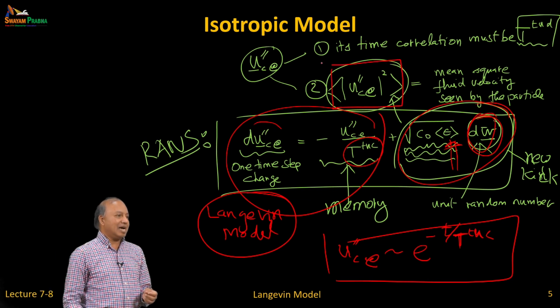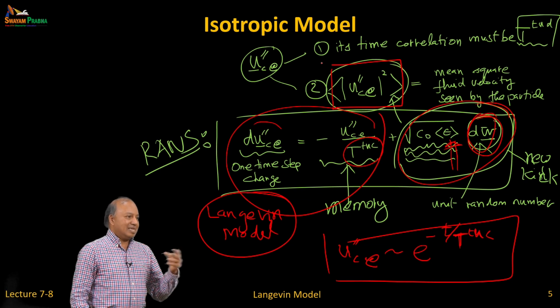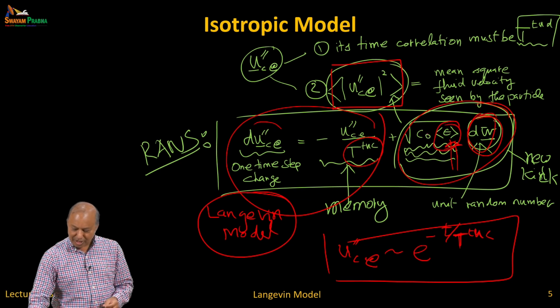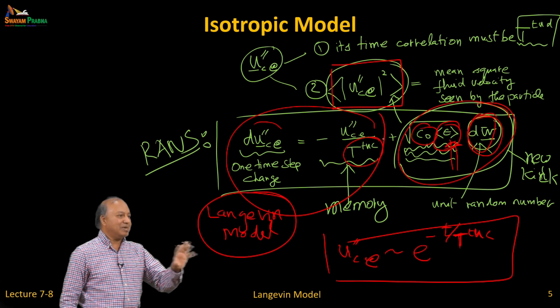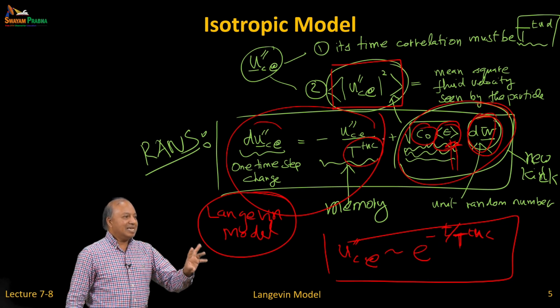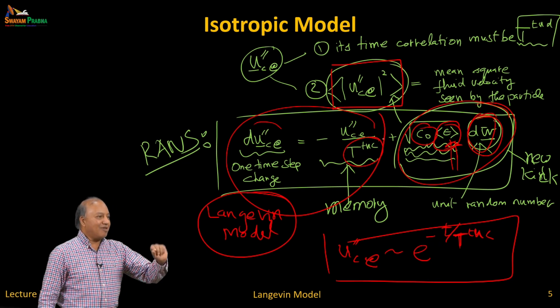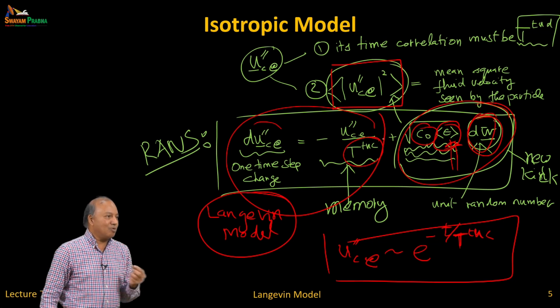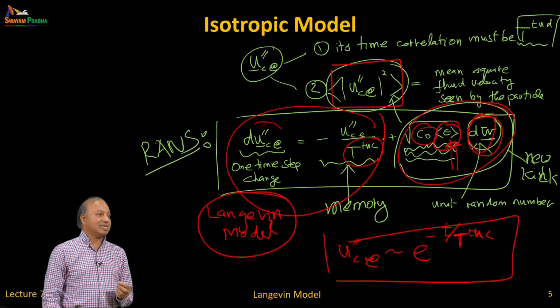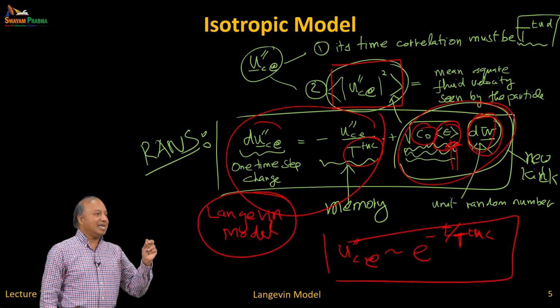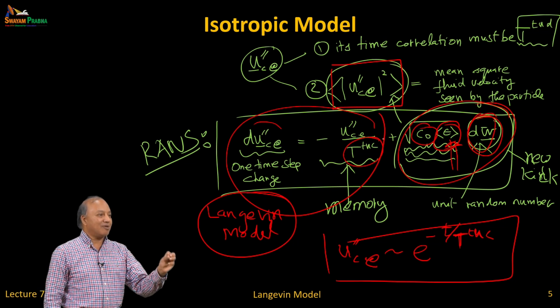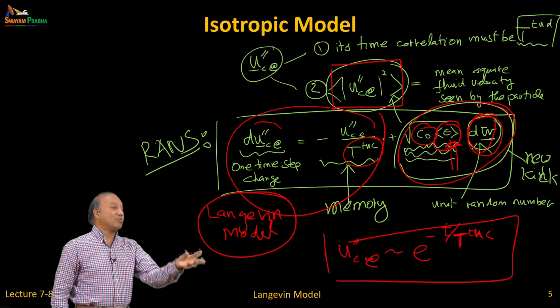So in an isotropic turbulence, the average dissipation, C0, etc., have been tailored so that the fluctuating fluid velocity a particle will see when you implement this algorithm will correctly capture the mean square fluid velocity that it's supposed to capture. So then this would be a function of the dissipation from the RANS.